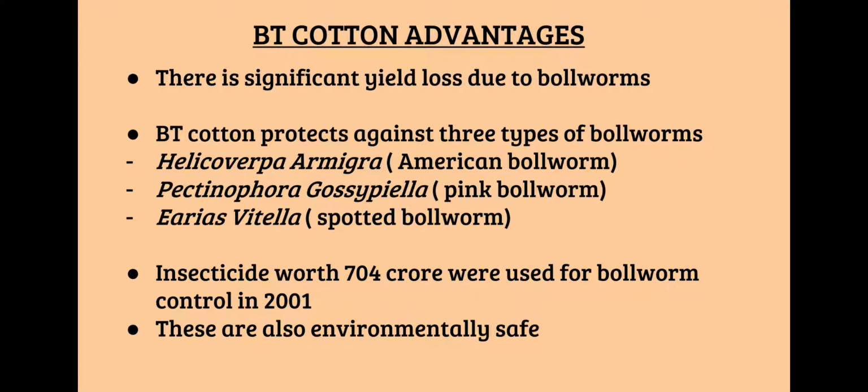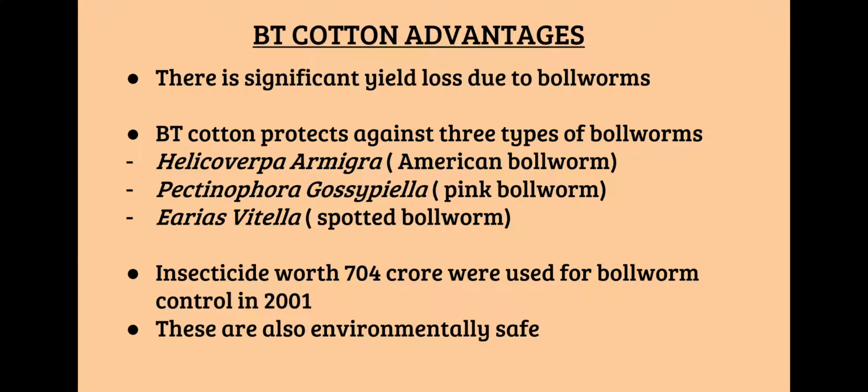Insecticide worth 704 crores were used for bollworm control in 2001. So there was a lot of money spent on insecticides, and hence BT cotton, which can produce and manufacture insecticide within itself, does not need insecticides from outside.